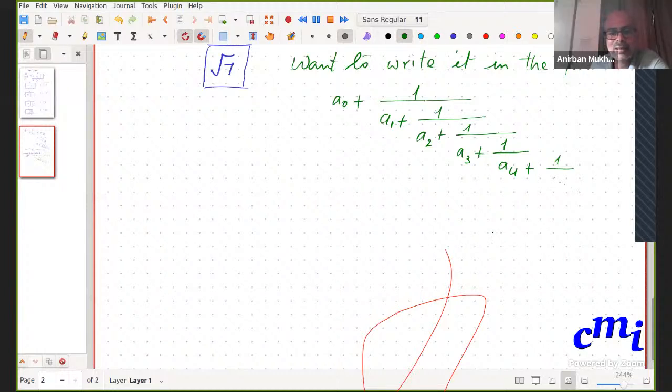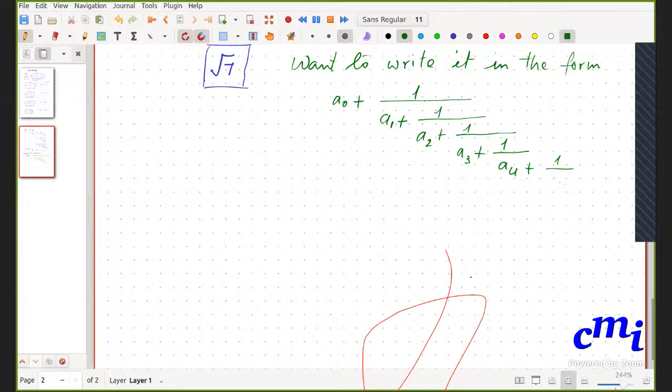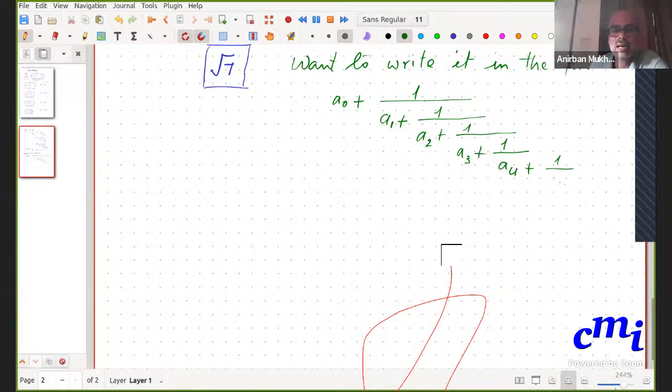No, I see another red line on the page, which I can't erase. So somebody else has drawn it.